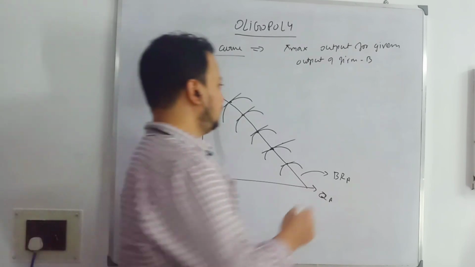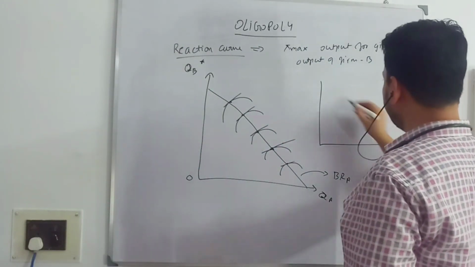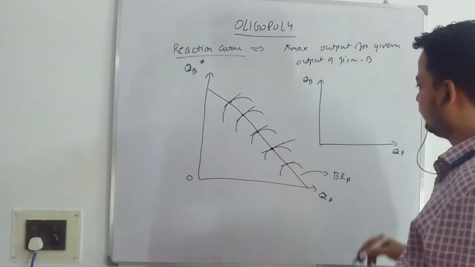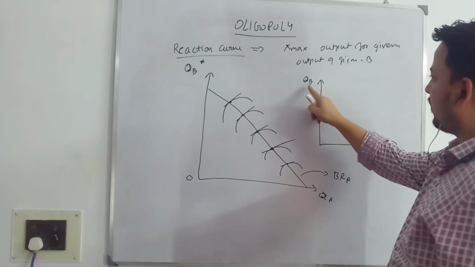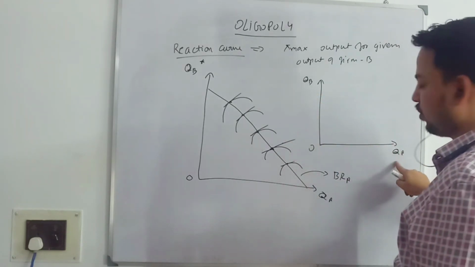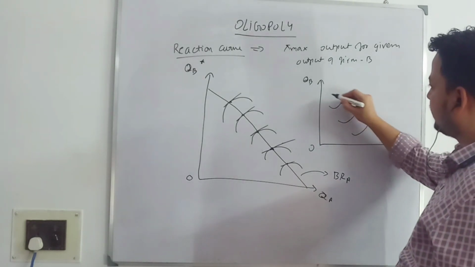Similarly for firm B, when you are deriving it, you write quantity of A here and quantity of B here. Where is the worst position for firm B? It produces zero and A produces maximum. So you will draw your isoprofit curve like this.